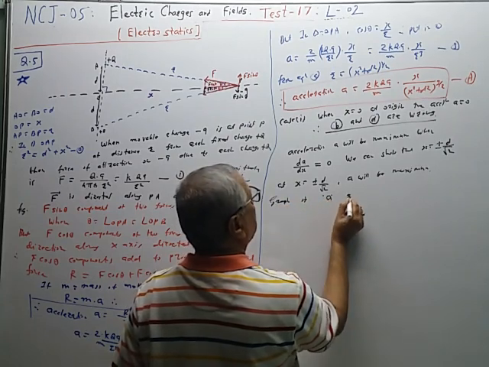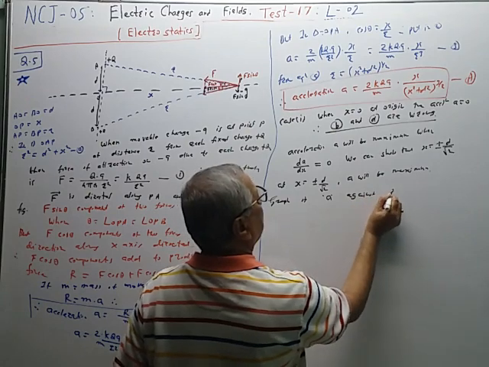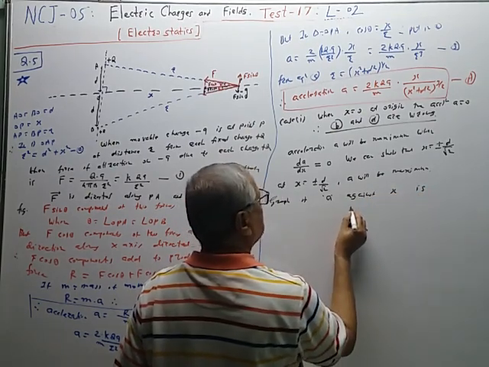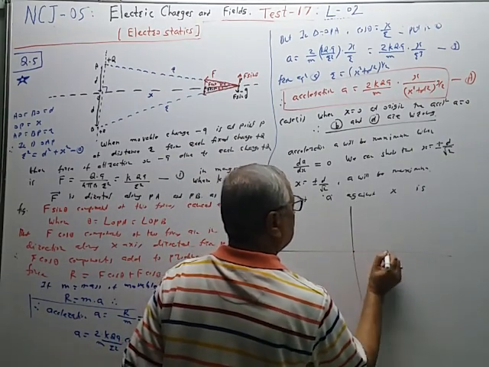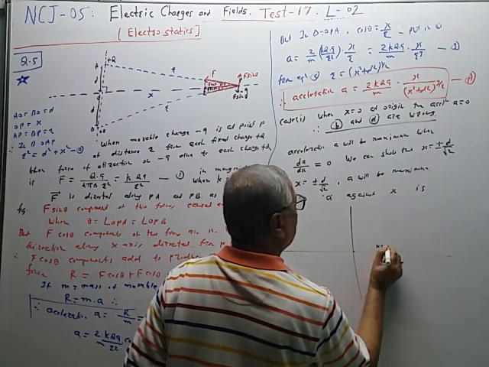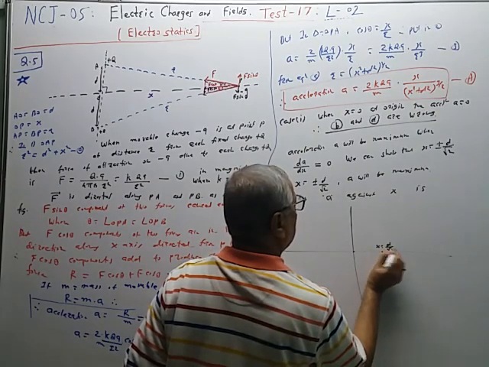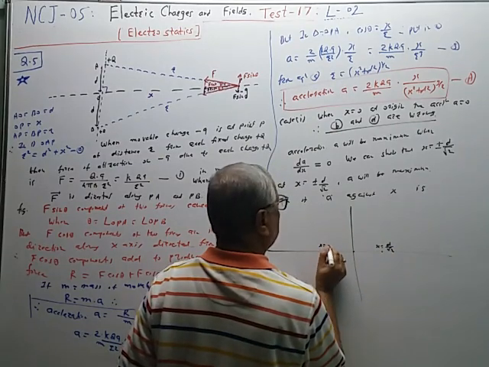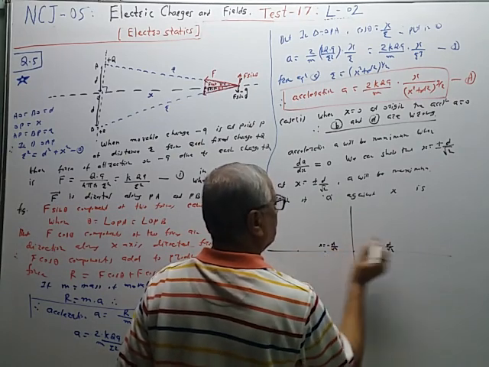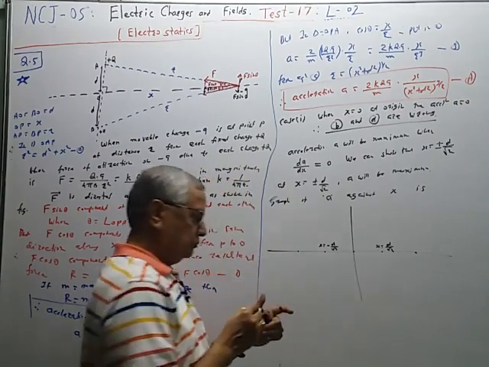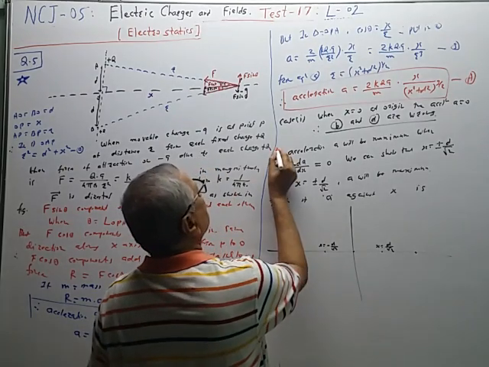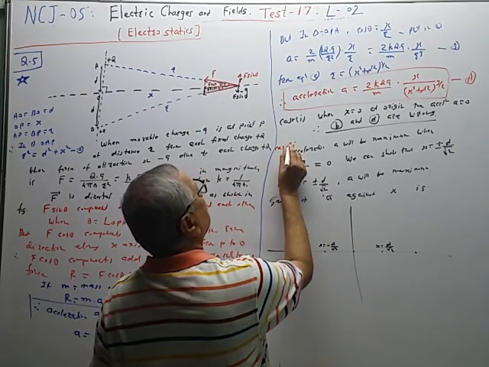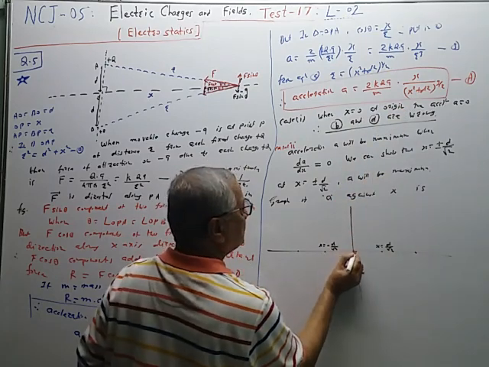So graph of A against x is this: this is 0, origin, this is x is equal to d upon root 2, this is x is equal to minus d upon root 2, this is double value. So we have fixed this point. Case second. At x is equal to 0, A is equal to 0, so this is the first point.